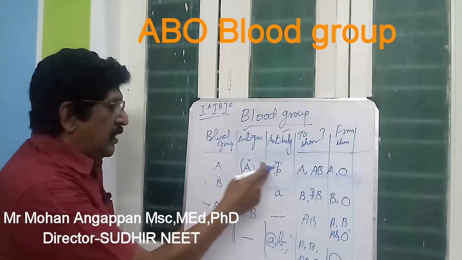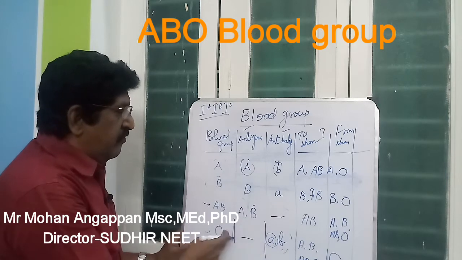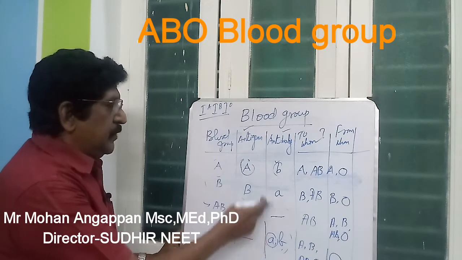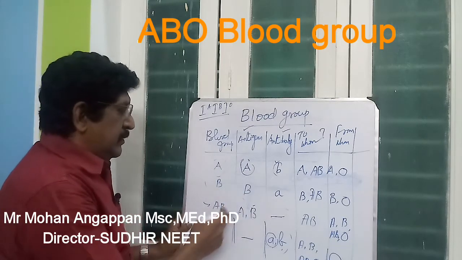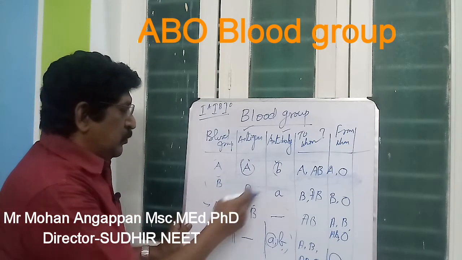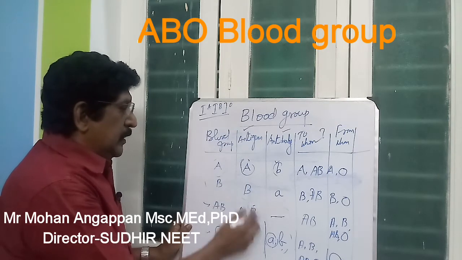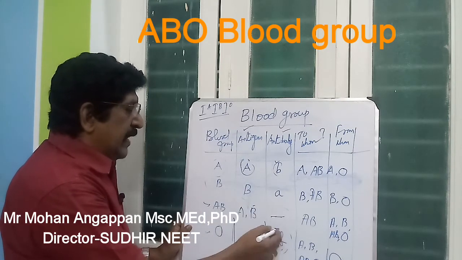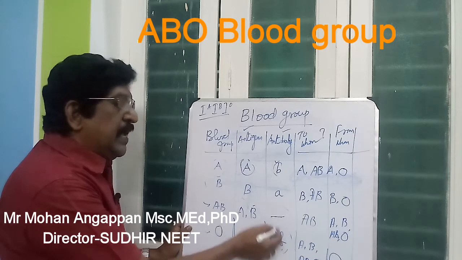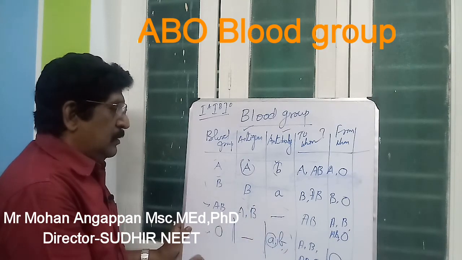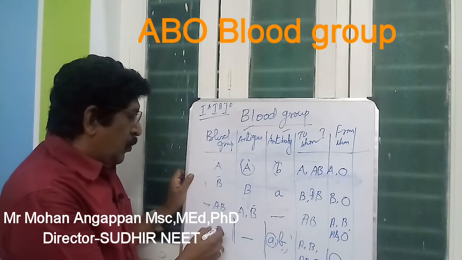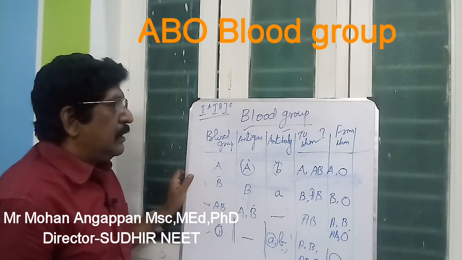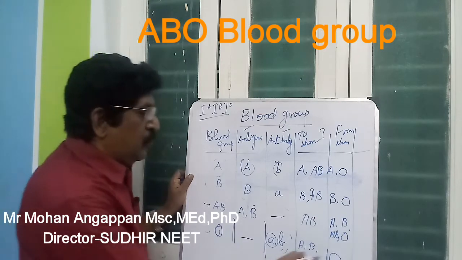The A antigen of A and A antibody of O will react. Likewise, what happens here if B gives blood to O, the B antigen of B will react with the B antibody of O. So O can get blood only from O.